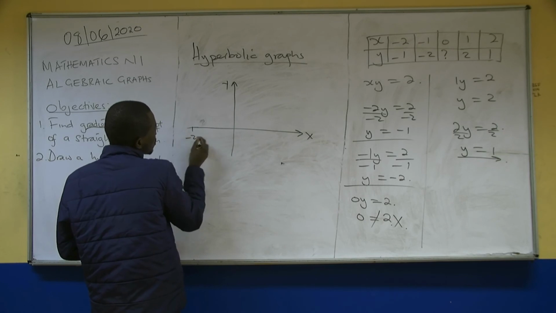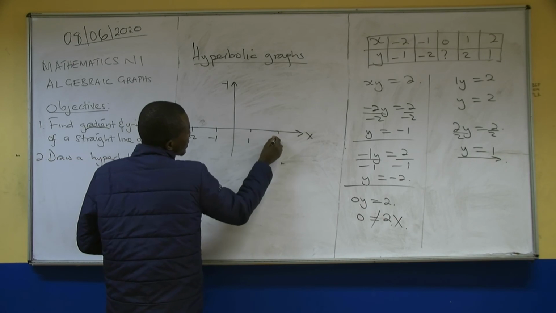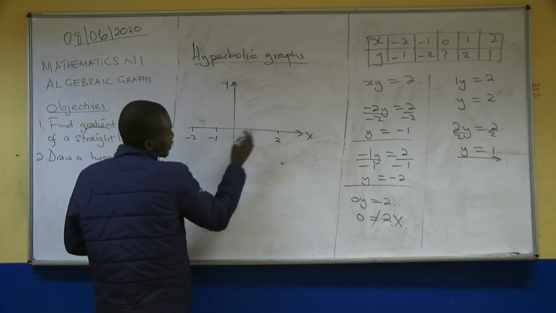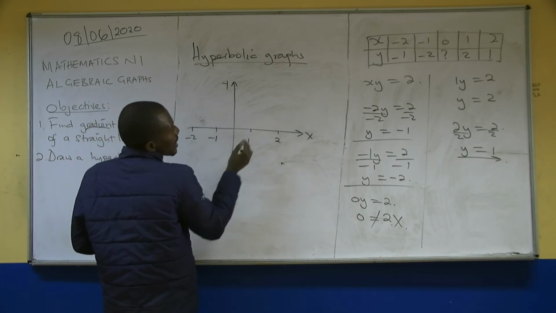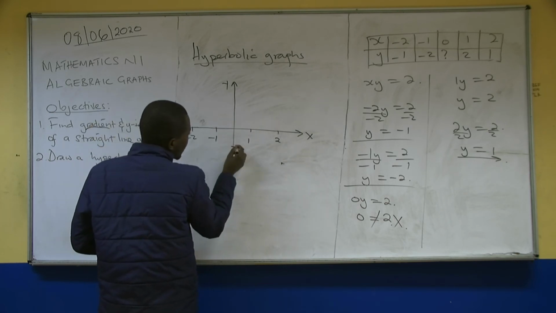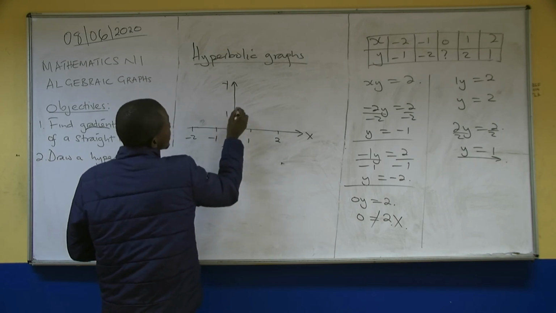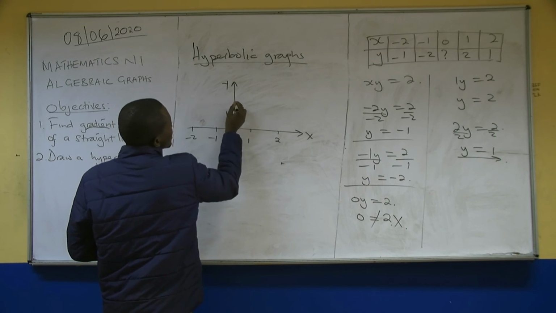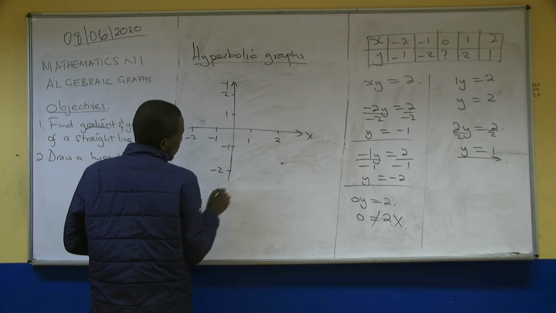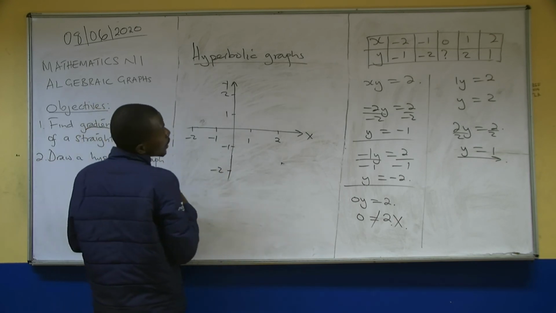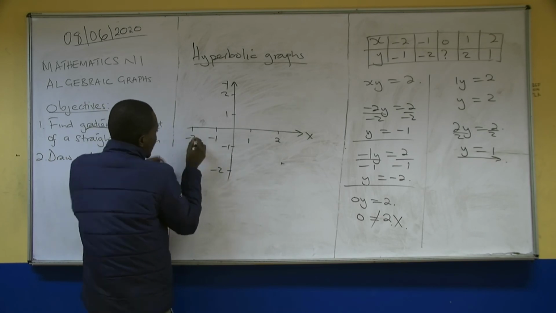For x, our table starts from -2, -1, then 0, 1, then 2. I'm just estimating, but they should be equal divisions. Then y starts from -1, then you can have a 1, a 2, and we actually have another -2.